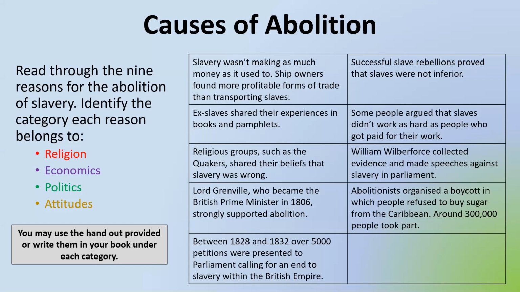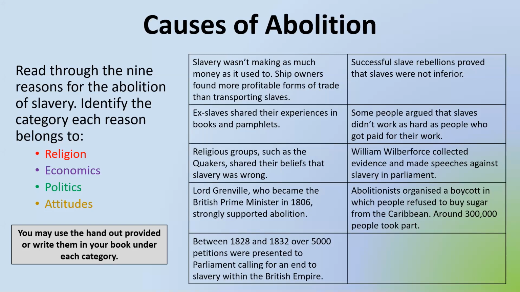The first activity I would like you to work on has to do with reviewing the causes of the abolition of slavery. There is a handout in the folder that you can print out, and you can identify by either shading or by writing in the word to identify which reason the category belongs to.